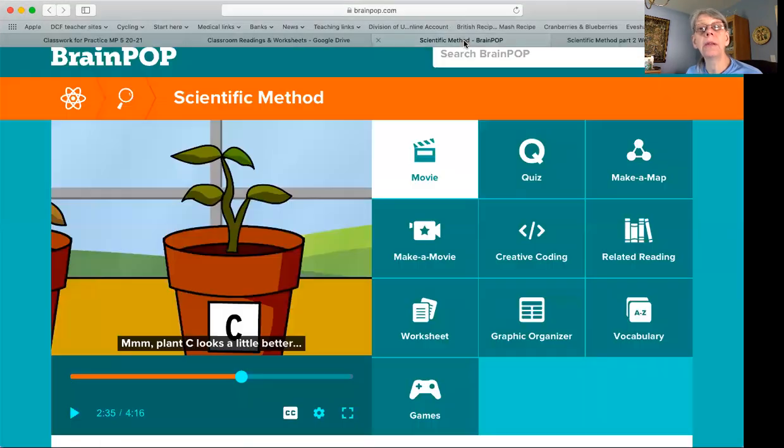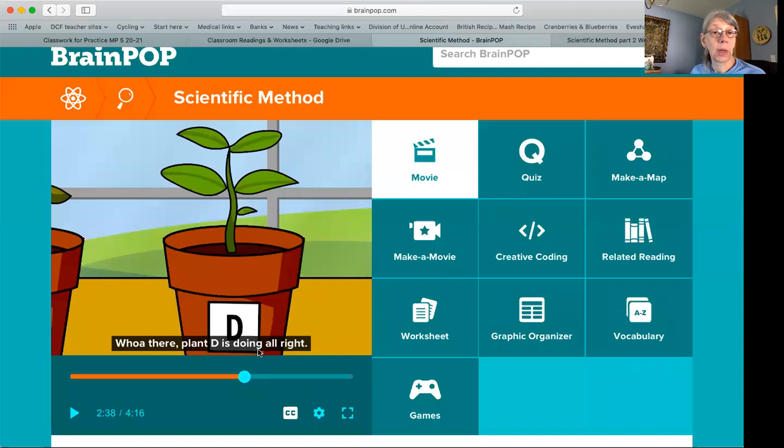And another look at plant D. All right. Bright green, 4 big healthy leaves, growing a new leaf.